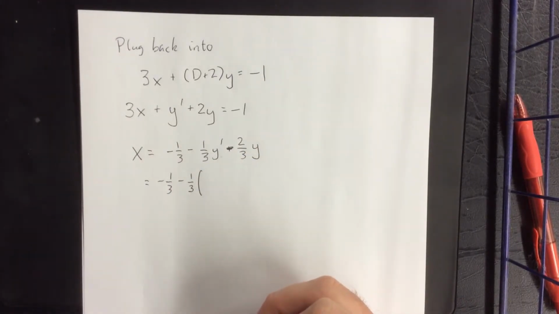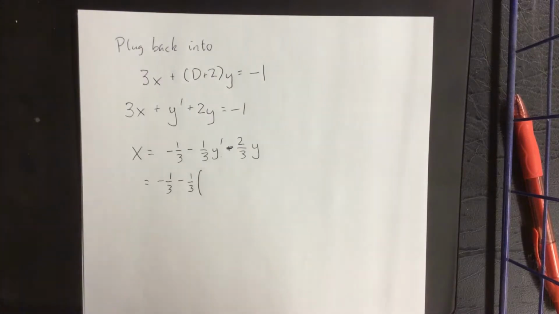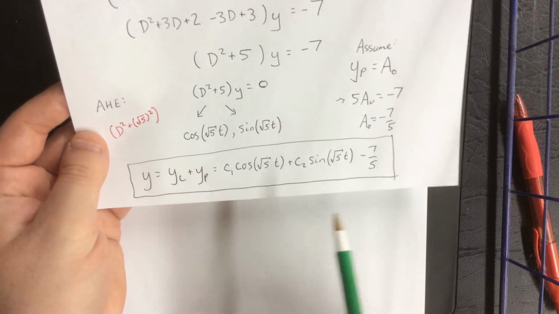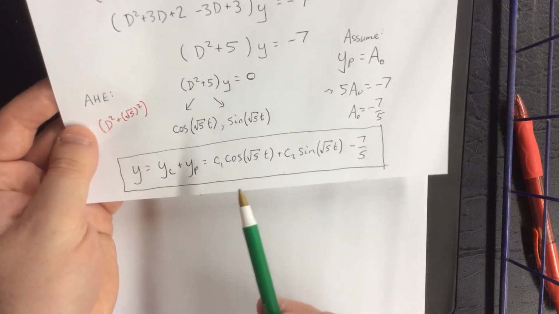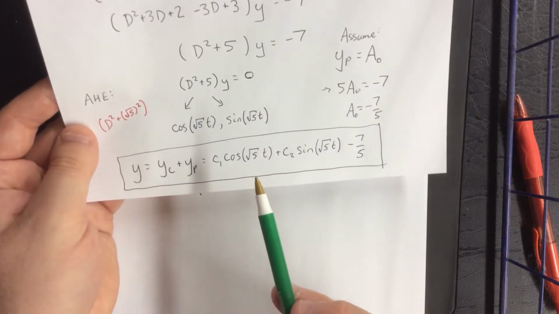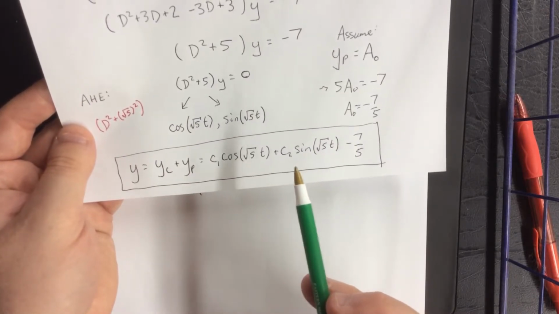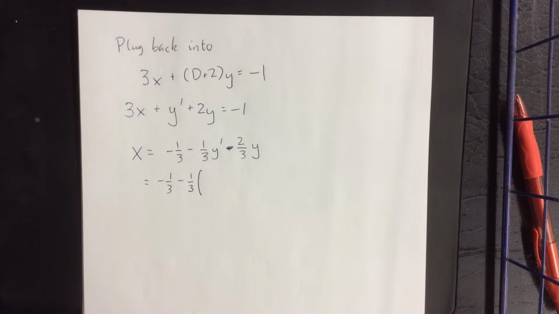So I'm going to grab the expression that I just got for y from the bottom of the first page and differentiate that thing. The cosine will become a negative sine, and we'll get an extra factor of the square root of 5 from the chain rule. Sine will become positive cosine, with an extra square root of 5 from the chain rule.